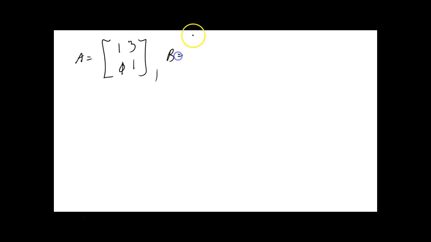Matrix B is 2, 4, 2, 3. Matrix C is 1, -2, -1, 2.